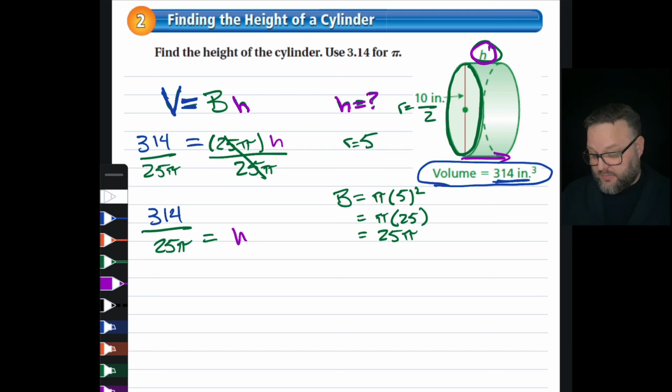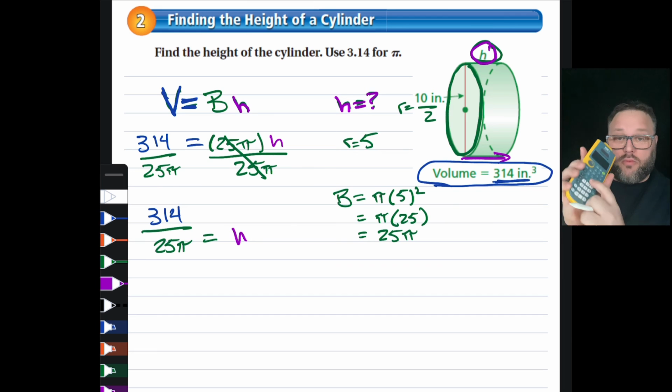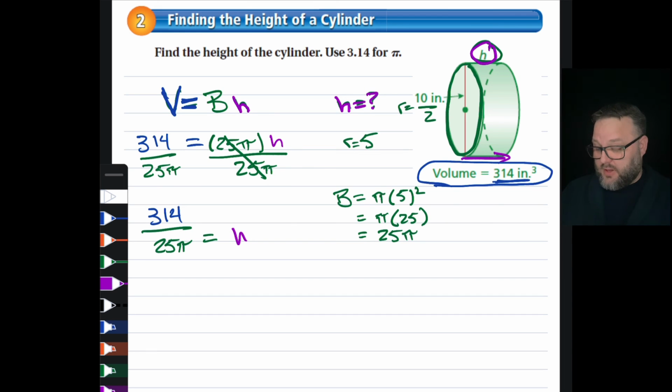I'm going to take 314 divided by, and I'm going to put a parenthesis, 25 times 3.14, close parenthesis. That parenthesis is going to be important. And I'm going to get that my answer is 4 equals height. So I've got a final answer.